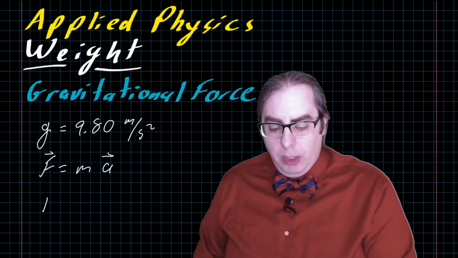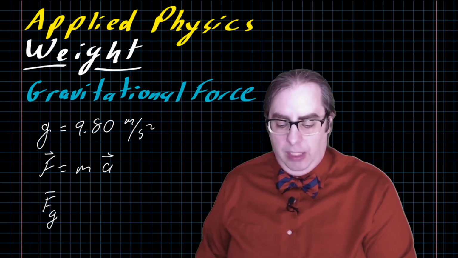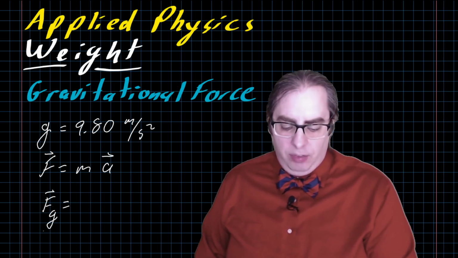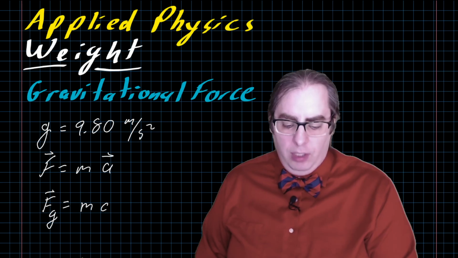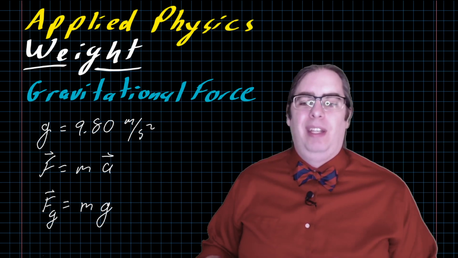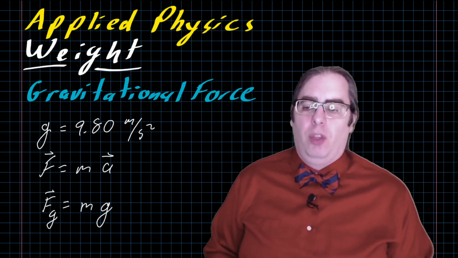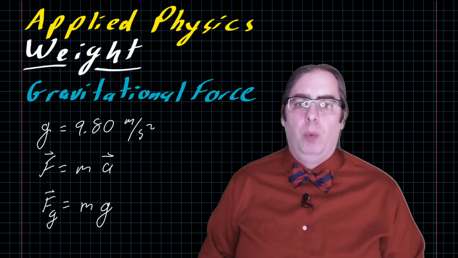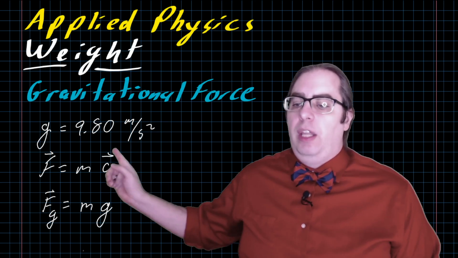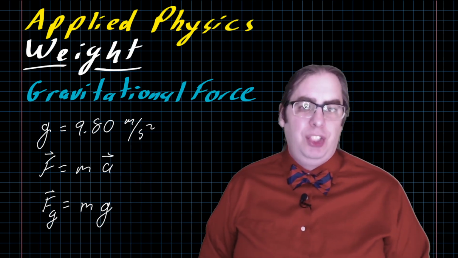So I'm going to be calling this F sub g, force of gravity. And F sub g is simply equal to mass times gravitational acceleration, and it's always oriented downward towards the center of the Earth, the way you expect a force to work. If you're not on the surface of the Earth, the acceleration of gravity can change.